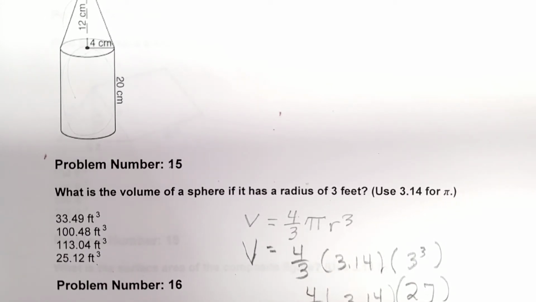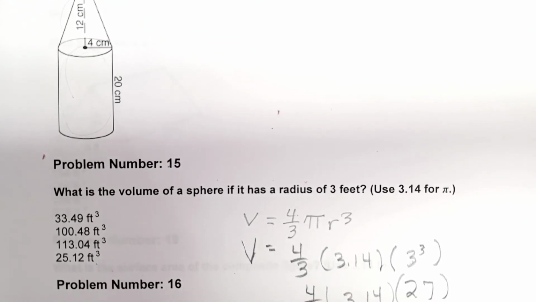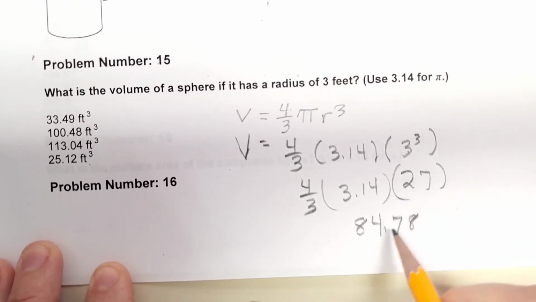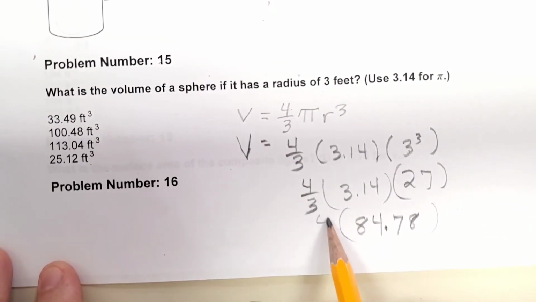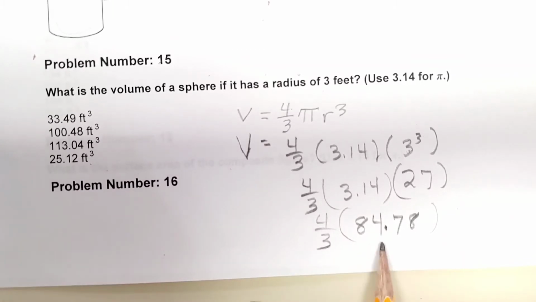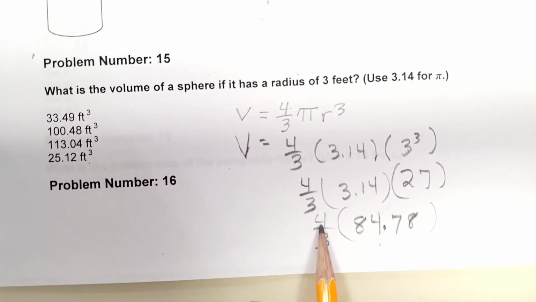All right, so we're going to multiply pi times 27. We get 84.78. Then we have to multiply it by 4/3. When we're multiplying by fractions, you multiply by the numerator and then you divide by the denominator.